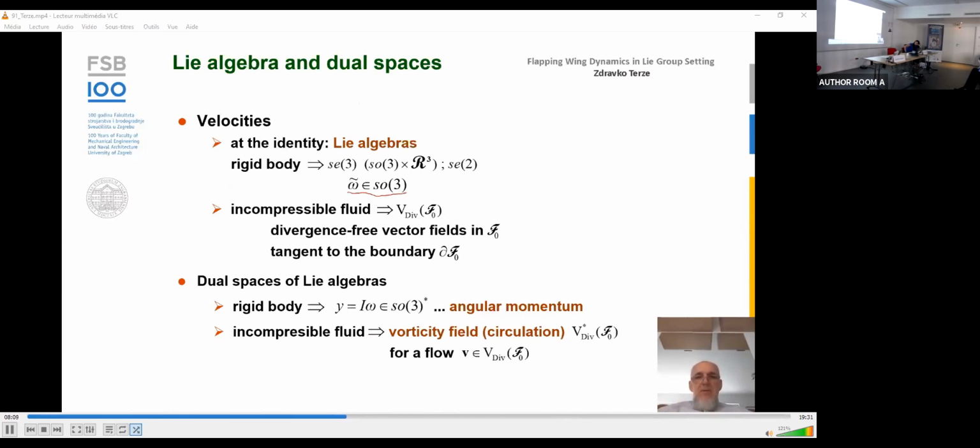In the context of incompressible fluid, we have divergence-free vector fields tangent to the boundary. We also need to introduce dual spaces of Lie algebras. In the context of rigid body, element of dual space of Lie algebra is angular momentum, and for incompressible fluid, we have vorticity or circulation.